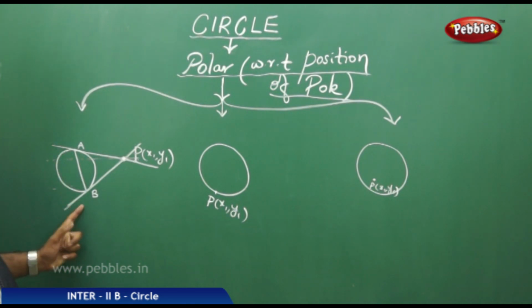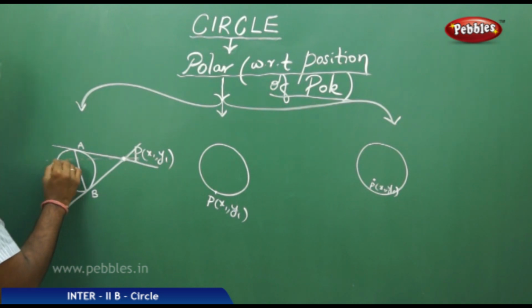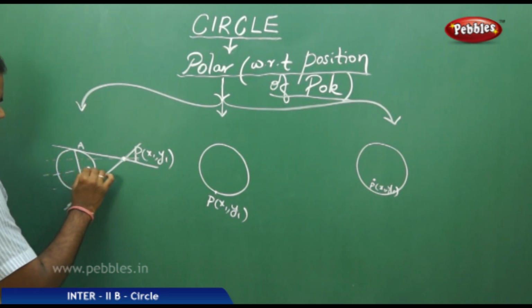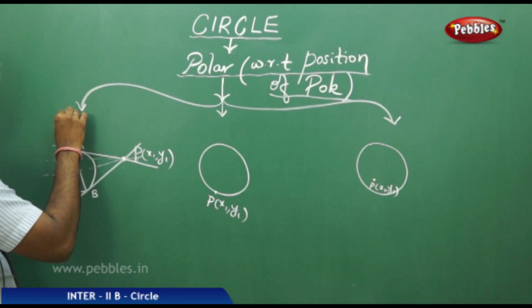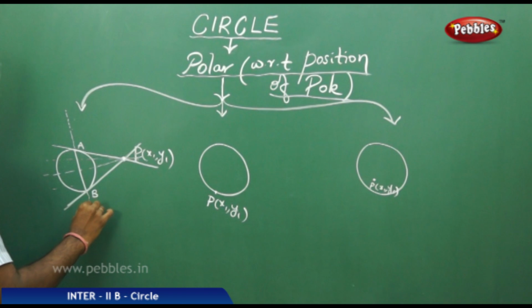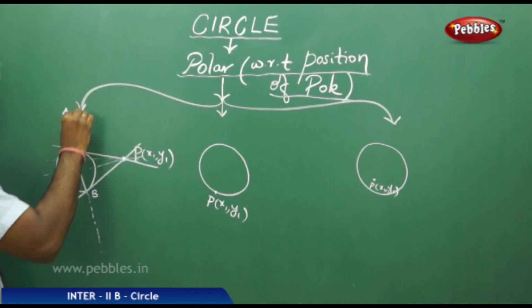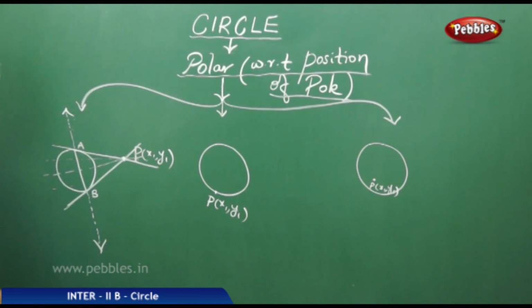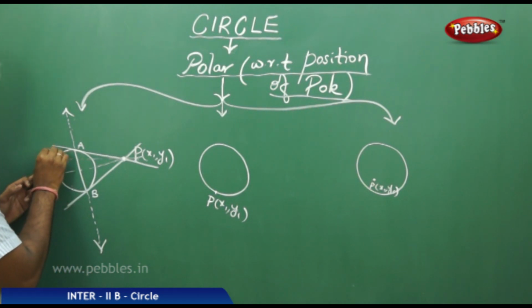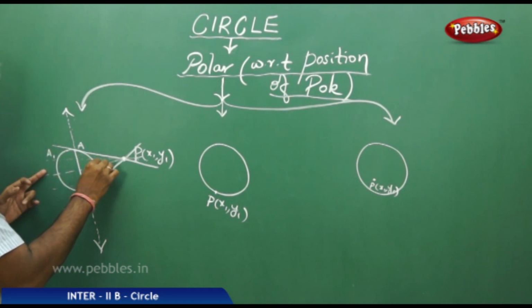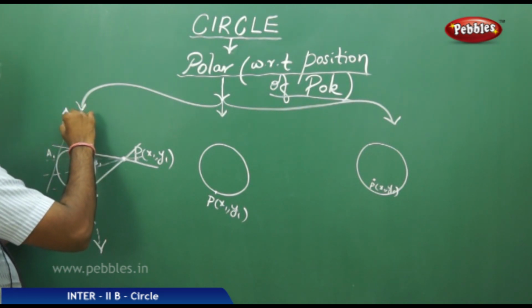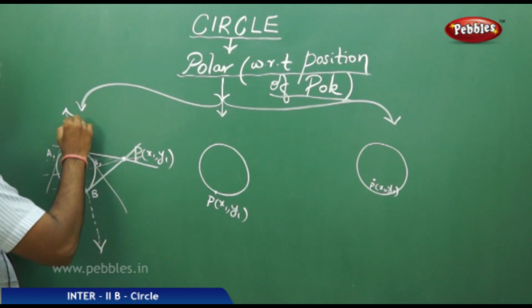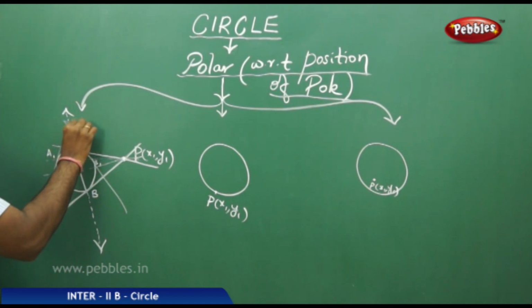So if AB is the chord of contact of point P (x1, y1), then each of the intersecting lines which I draw through P has its tangents drawn on the extended line. So if this chord of contact, when extended, has all the points of intersection of the tangents, say this is A1, B1, which I draw here, and then another pair which I draw here, they intersect at this point.